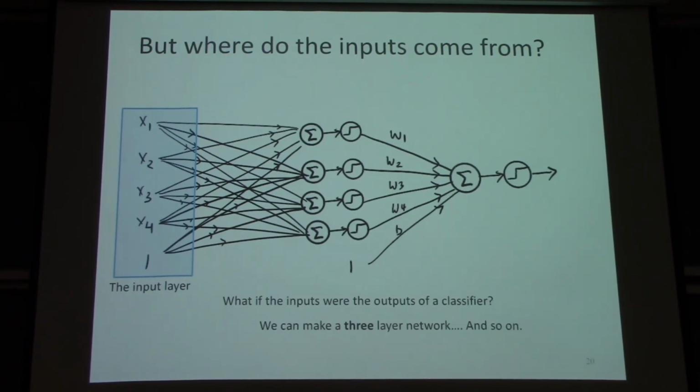But the next question that automatically comes up is, where do I get these features? How do I know that these are the good features that we need for the hidden layer? I can basically do the same process again. I can add one more hidden layer here that acts as good features for this, the last layer, the penultimate layer.